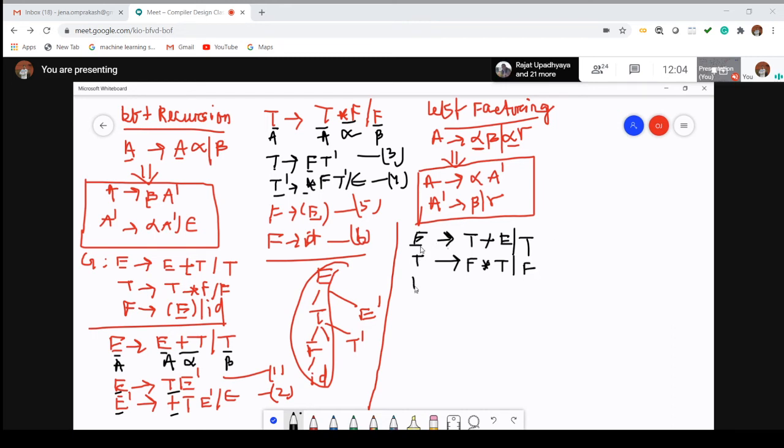The rest is F2 bracket of E or ID. For this production, I have to check whether left factoring exists or not.